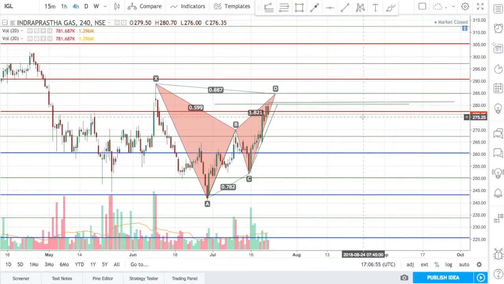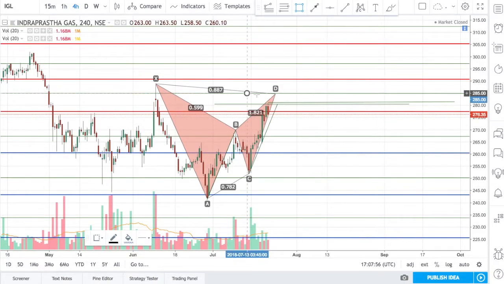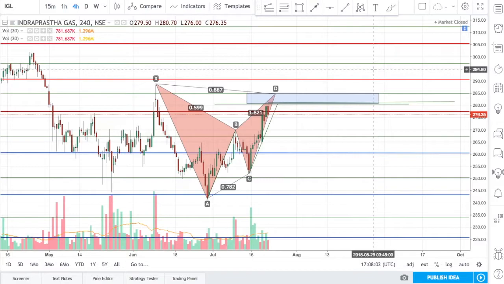But in this case we have a bad pattern, and for bad patterns we need 0.886 as our D completion point. So let's consider this area here as an area where we can expect the prices to reverse. So that's the pattern setup.